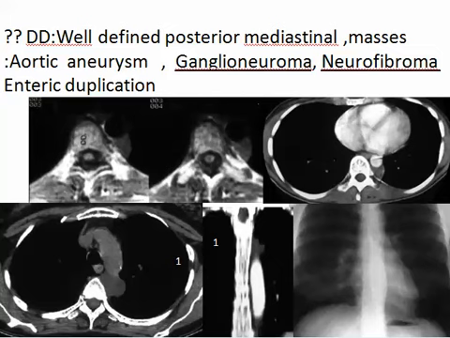It is mostly neurogenic, ganglioneuroma or neurofibroma, or enteric duplication. These are the most common well-defined posterior mediastinal masses: aortic aneurysm, neurogenic tumors, ganglioneuroma, neurofibroma, and enteric duplication.